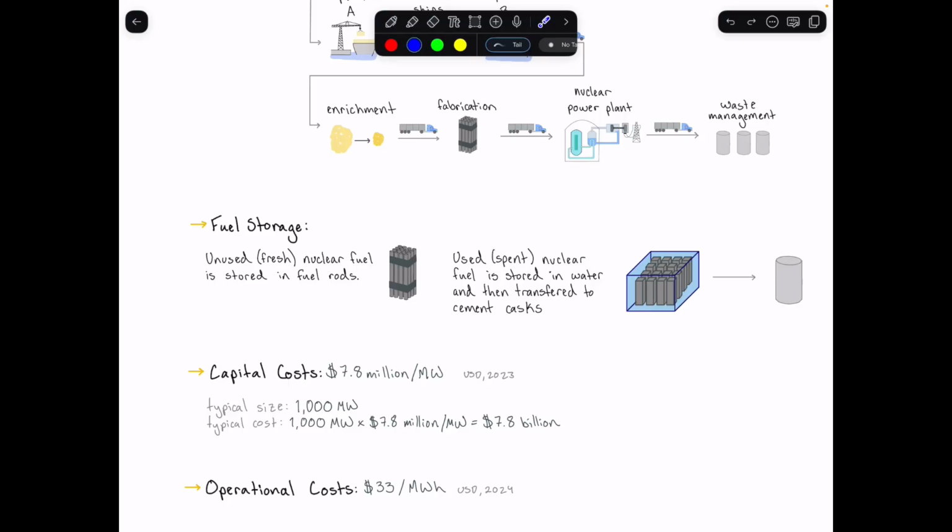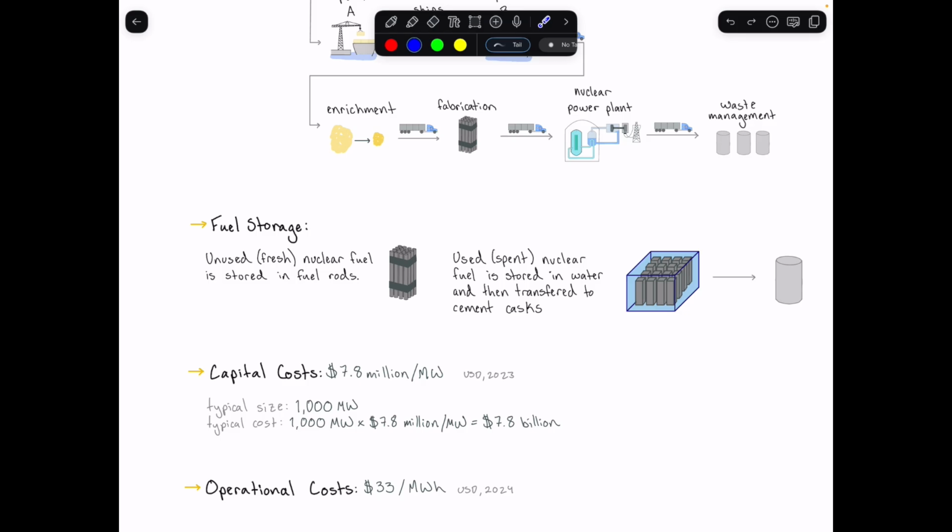So as a result, fuel costs make up only a very small portion of the nuclear power plant's operating expenses. The operating expenses typically come more from maintaining the nuclear reactor, maintaining the steam turbines, as well as other various plant safety equipment, and then also employing very highly trained staff and complying with rigorous safety and security requirements.